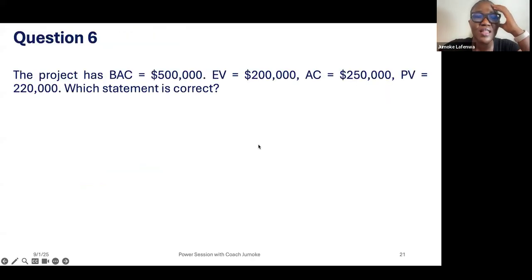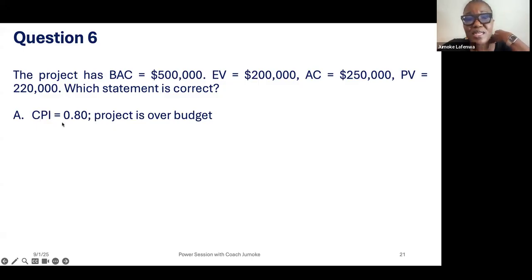Question 6. The project has budget at completion $500,000, earned value $200,000, actual cost $250,000, planned value $220,000. Which statement is correct? A, CPI, cost performance index equals 0.80.